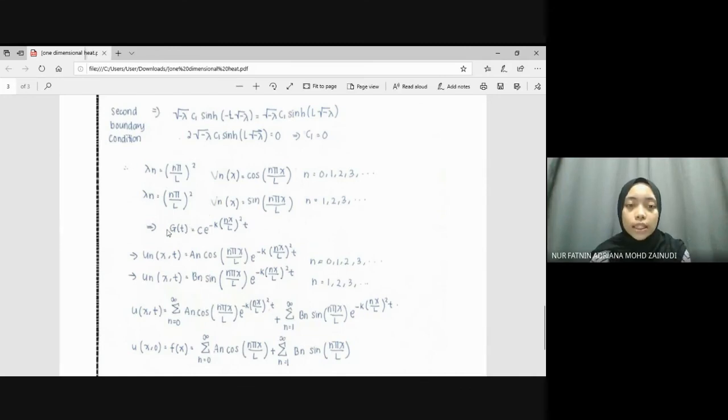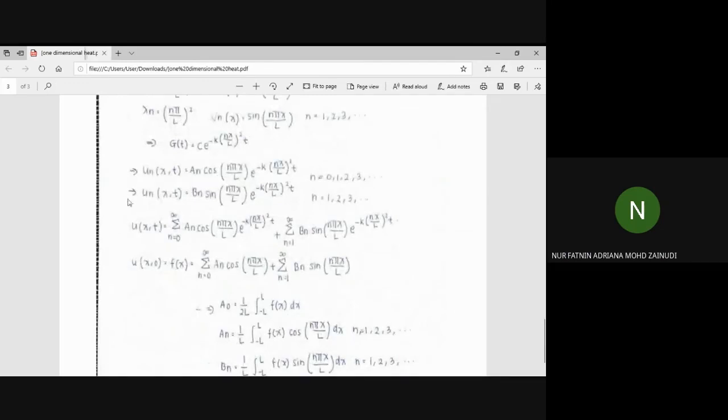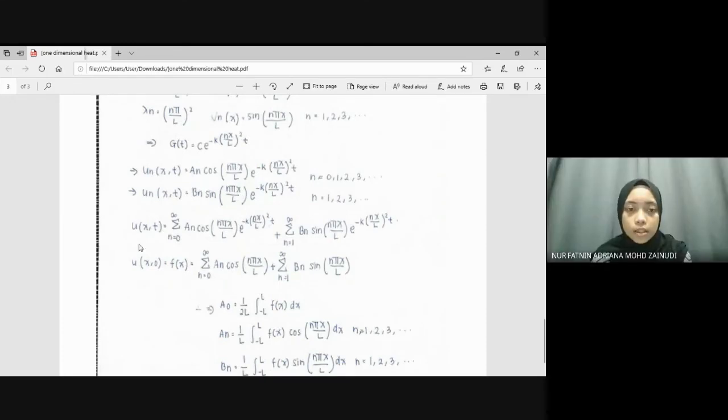So we have g(t) is equal to c e to the power of minus k n squared pi squared over L squared t, and these are the two possible product solutions that will satisfy the partial differential equation and the boundary conditions.